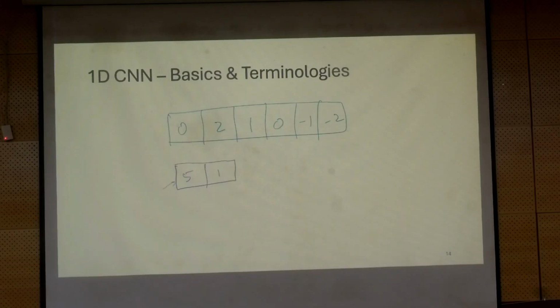Each one is a weight. So when I have a filter of size 2, I have 2 weights associated with the filter. Earlier I had only 1 weight, now I have 2 weights. 5 and 1. There are 2 weights. So W1, W2 like that. So you can think of this as X1, X2, X3, X4 input data, W1, W2.